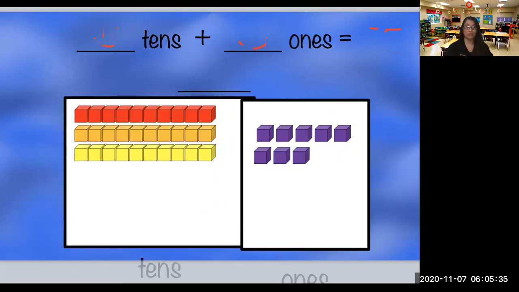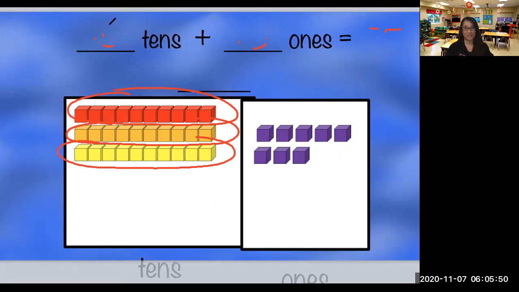Now, can you count the groups of 10 this time? One, 2, 3. If your answer is 3, that is correct. Good job. Now let's look at those purple blocks. Those are your ones blocks.